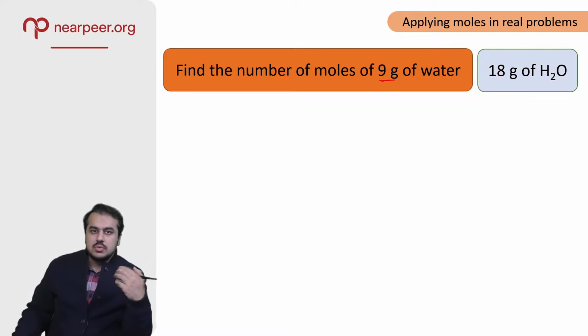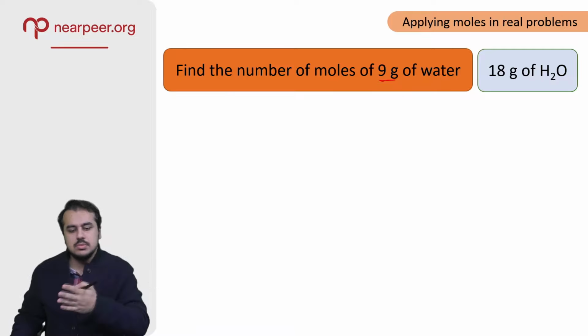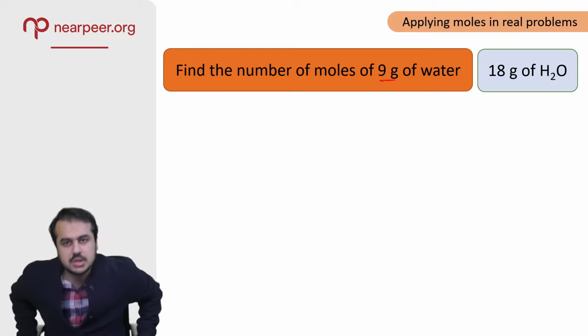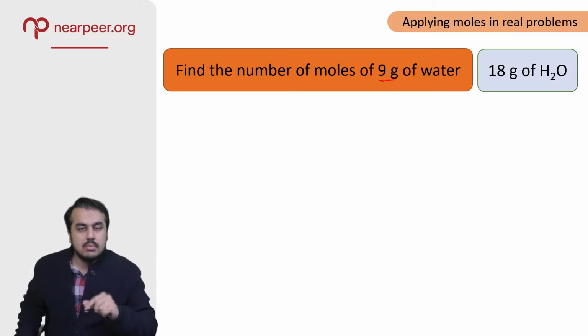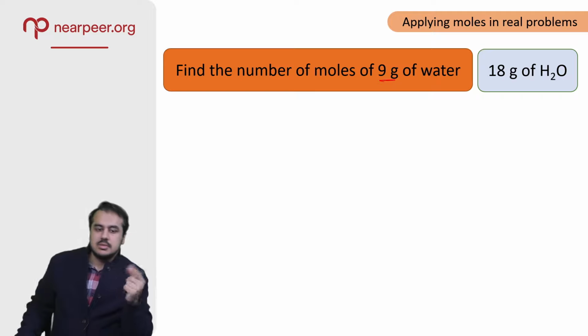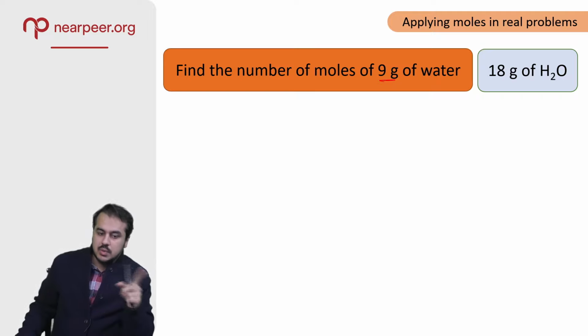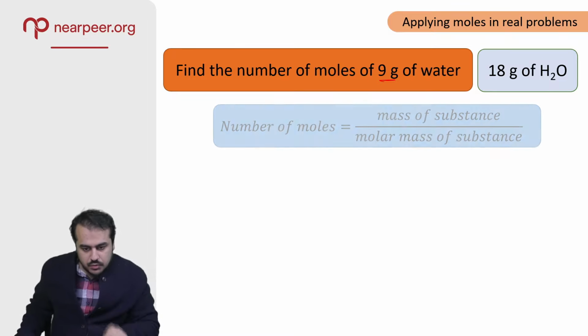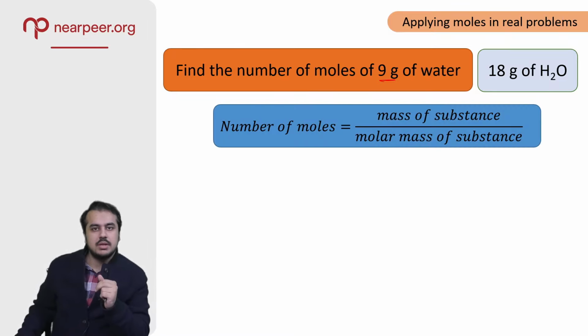And to work out the number of moles, we need the relative molecular mass of water or the molar mass. Both terminologies are correct. The molar mass of water is 18 grams. We've already determined that and we know how to determine that. We have the formula in front of us.